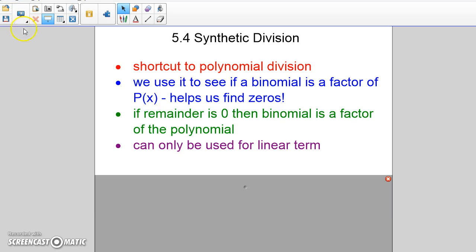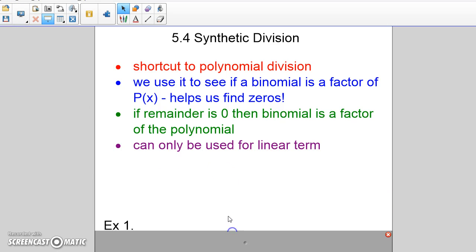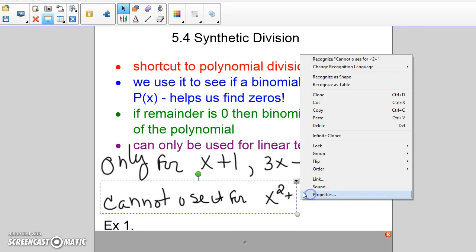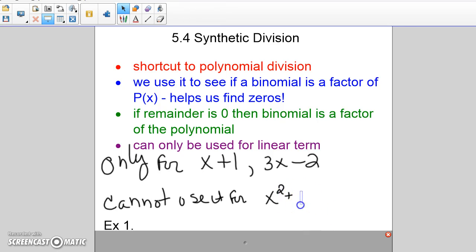I cannot use it for a factor like x squared plus 2, or maybe x squared minus 1.